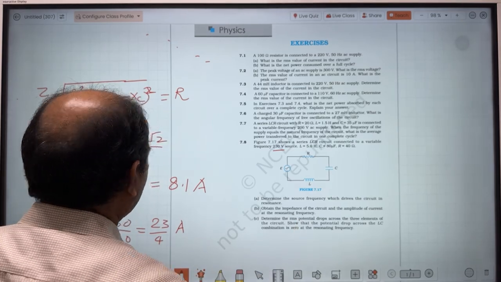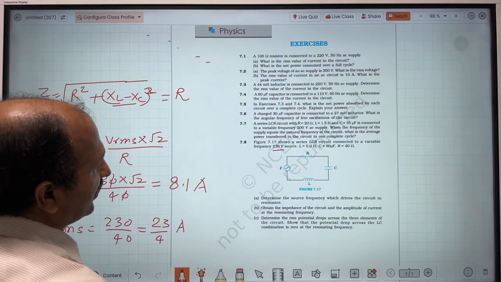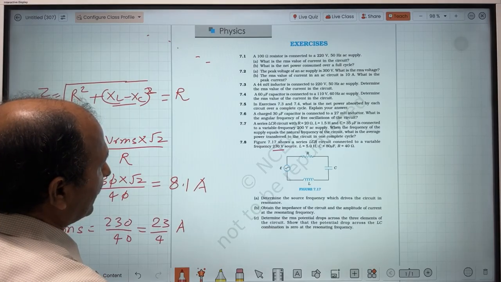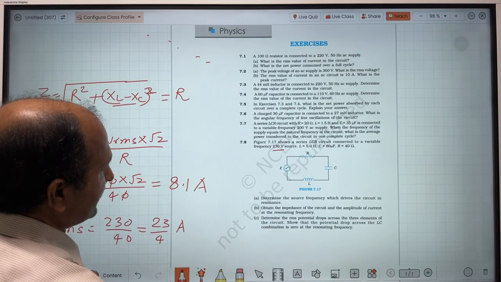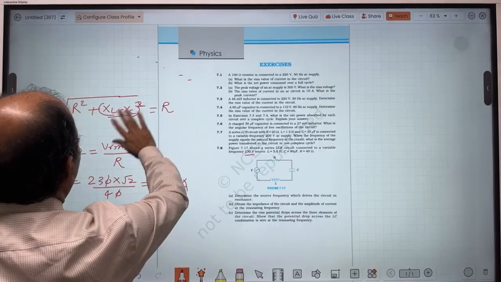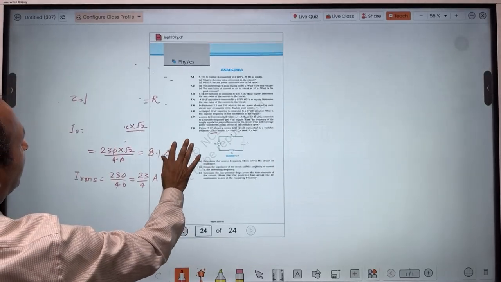Then the last point, what does it say? It says determine the RMS potential drop across the three elements of the circuit so that the potential drop across the LC combination is zero at the resonating frequency. This is also a good condition, so we can easily do it.